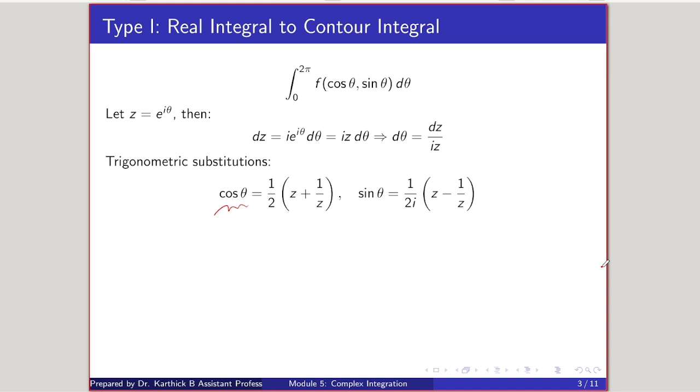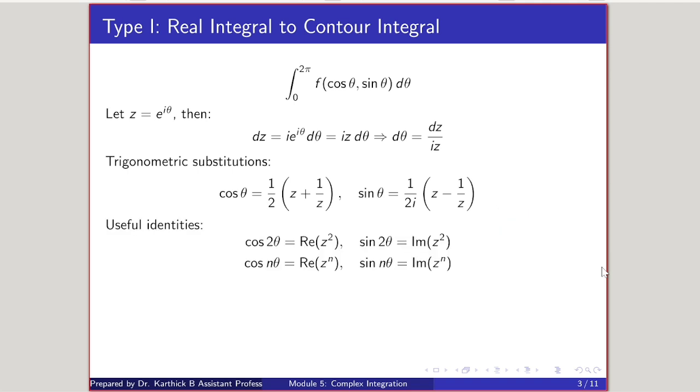And if it comes with cos square theta or cos 2 theta, generally cos n theta, sin n theta, or cos power anything, cube, square, we have some other formulas. If it is cos 2 theta, then we have to take only the real part of z square. Sin 2 theta means we have to take the imaginary part of z square, same as in the general case.